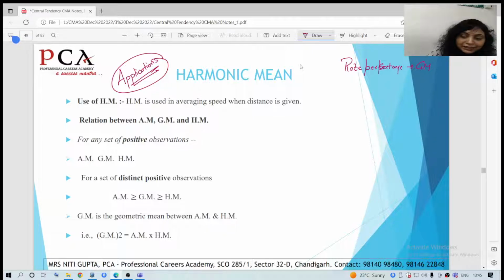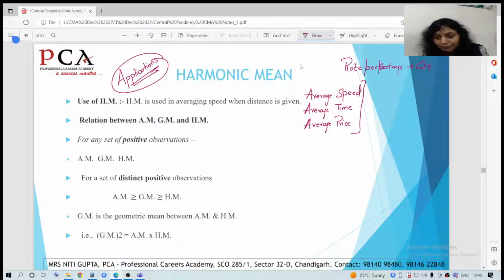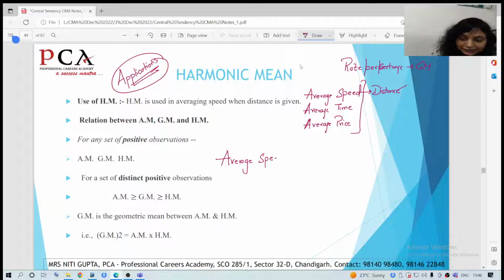And harmonic mean is used whenever you want to compute average speed, average time, average price. So these are the possible scenarios where we compute harmonic mean. Whenever you have to compute average speed, you have to consider distance.